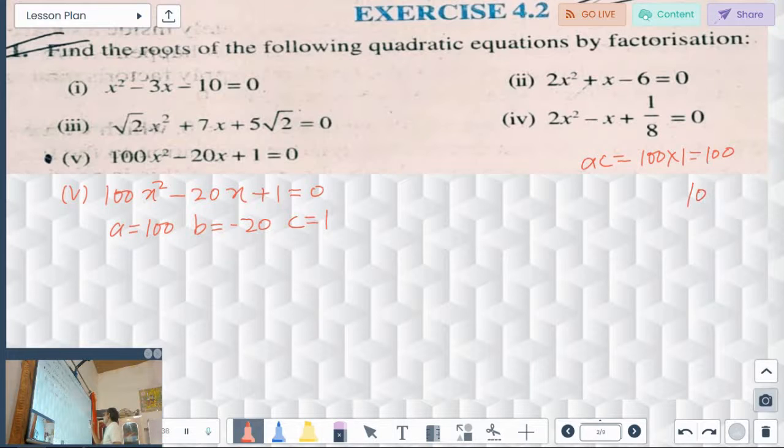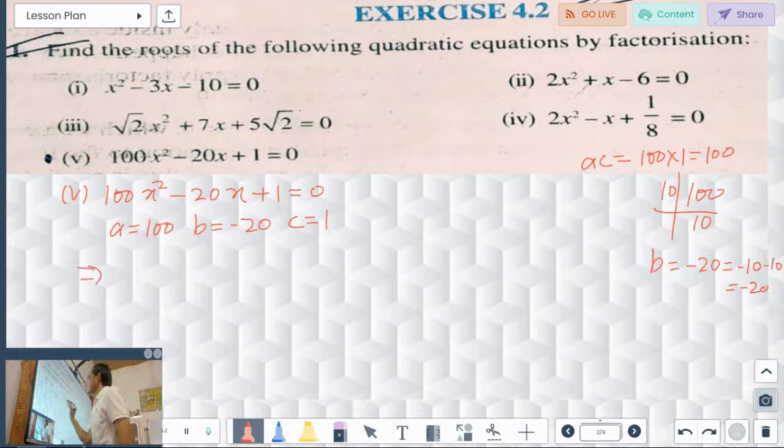The factors of 100 will be 10 into 10. b equal to minus 20, so minus 10 and minus 10 gives minus 20. We can write the above equation as 100x square minus 10x minus 10x plus 1 equal to 0.